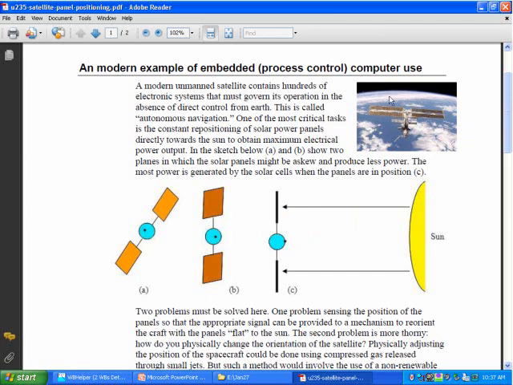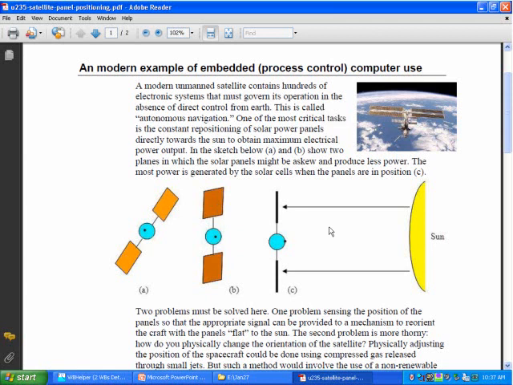That is, as this thing moves, the position of the satellite has to change because it wants to maintain the solar cells flat to the sun so that they receive as much light as possible. And here you see two different orientations of this, with the sun being here. In both of these situations, with the panels not head on to the sun, they're going to receive less intensity of light and they'll generate less electricity.